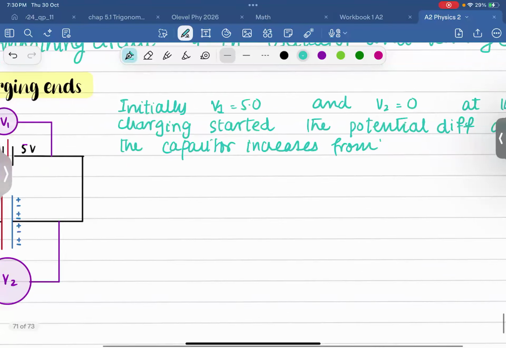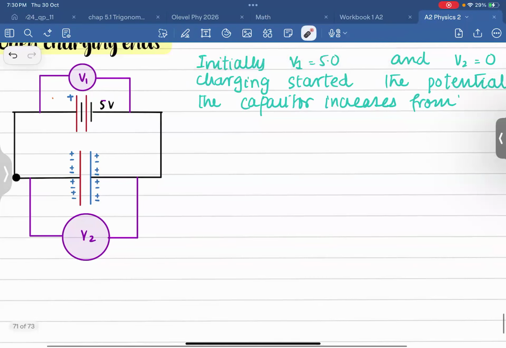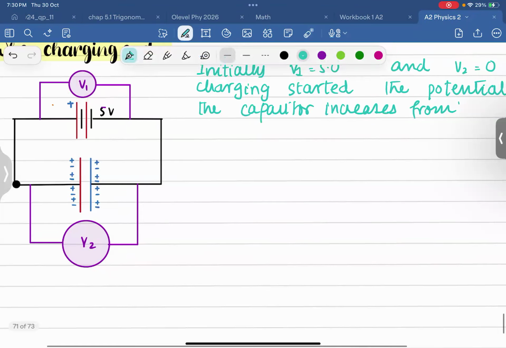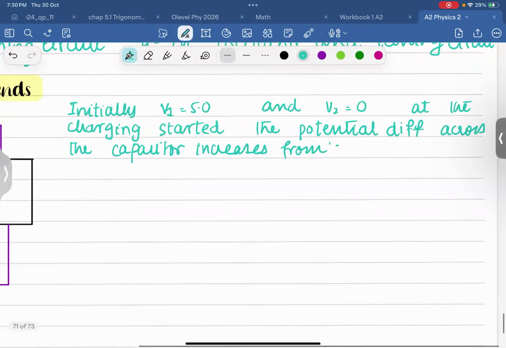This is another concept, right? Since you have connected it across the capacitor, this voltage value will start increasing, and this remains the same, by the way. The voltage value remains the same. It starts increasing from 0, right?